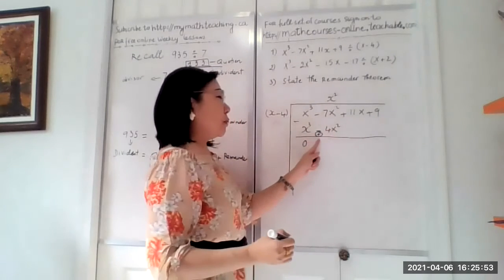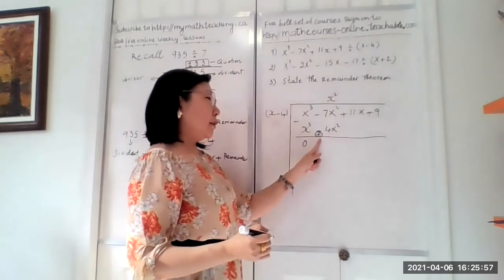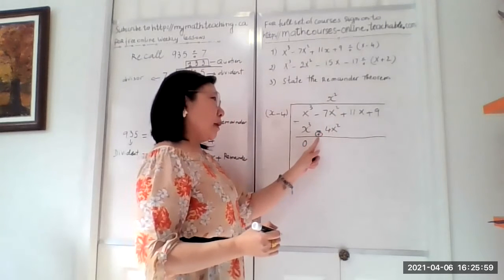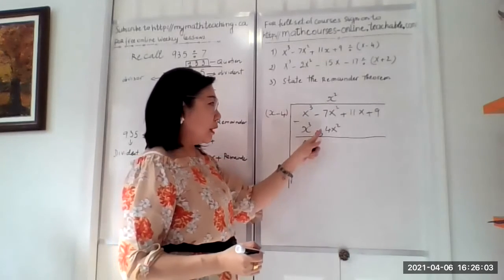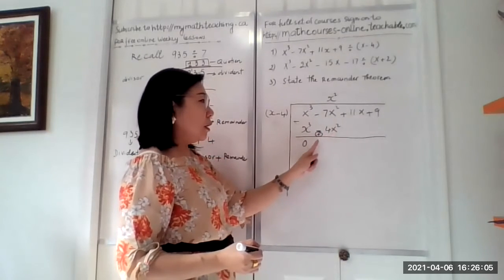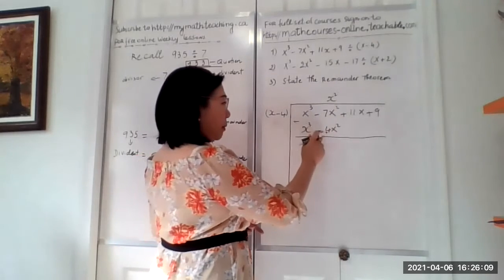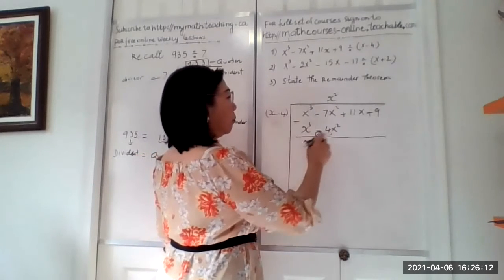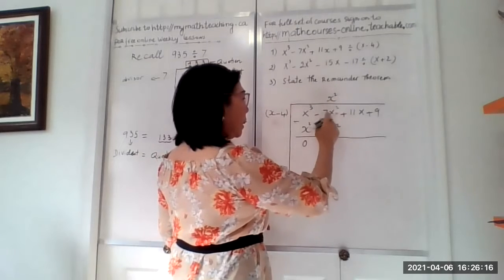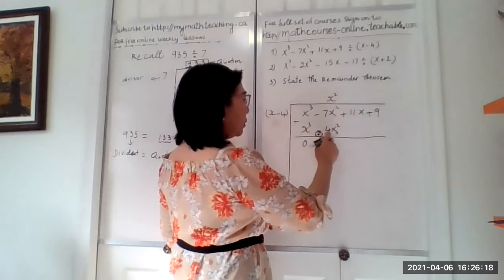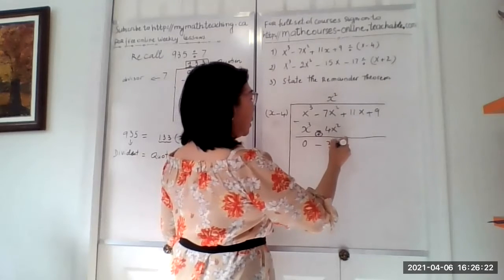So I circle the positive here underneath to show that our sign now will be considered as a positive value, and not the negative 4x squared anymore, but a positive 4x squared, because negative times negative becomes positive. So now we have a positive 4x squared, and the minus 7x squared, subtract the 4x squared, will give us the minus 3x squared.